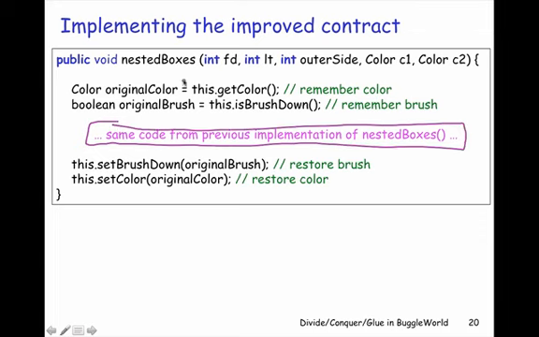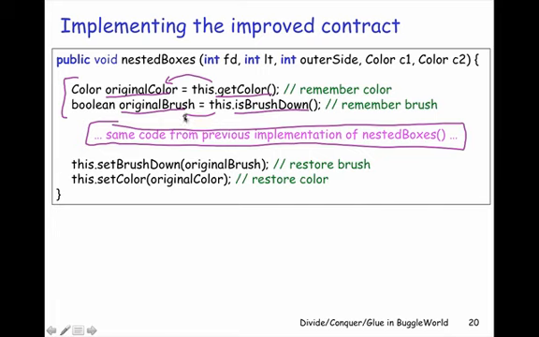And what we're going to do is just wrap the same code as before with a few extra statements that are going to implement the extra invariance. And all we do is we have these two statements up here that simply remember what the original color is by using the getColor method, and remember what the original brush is by using the isBrushDown method. And we store those values into variables.